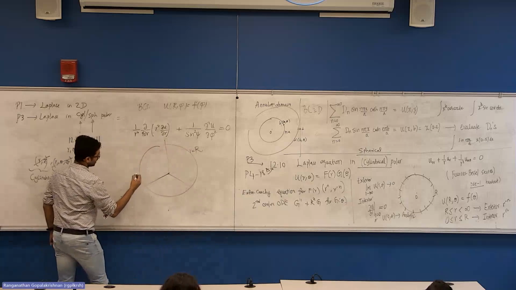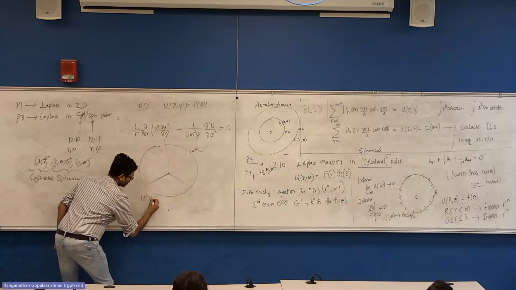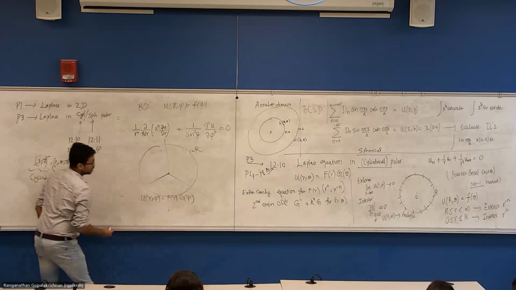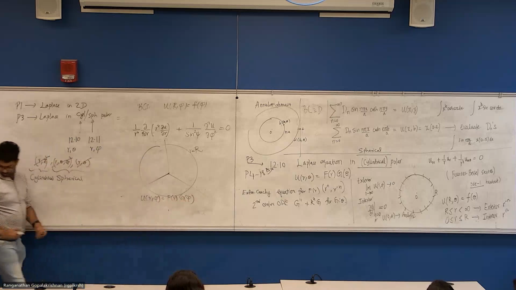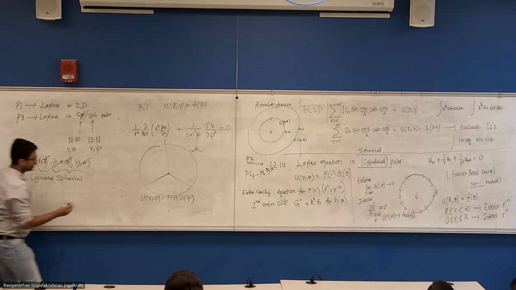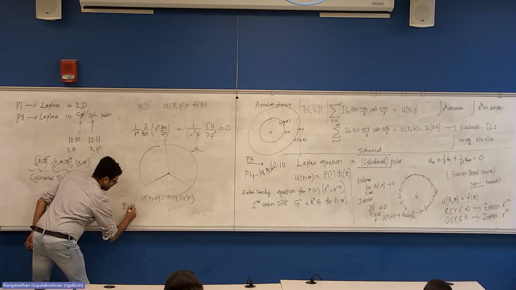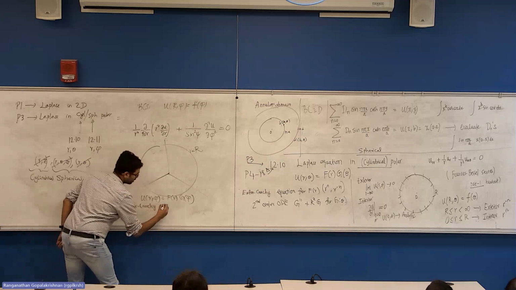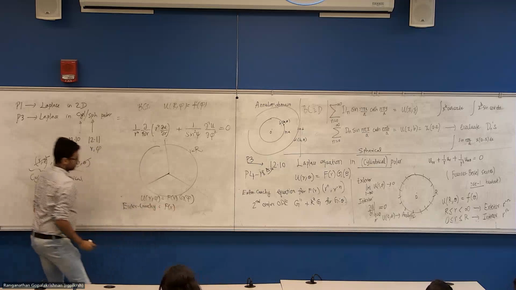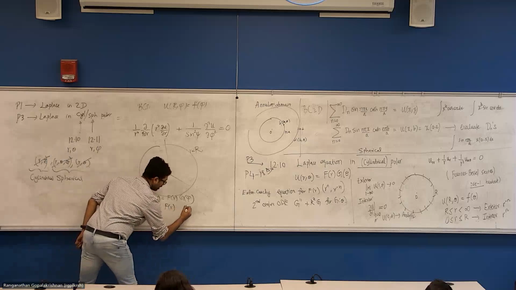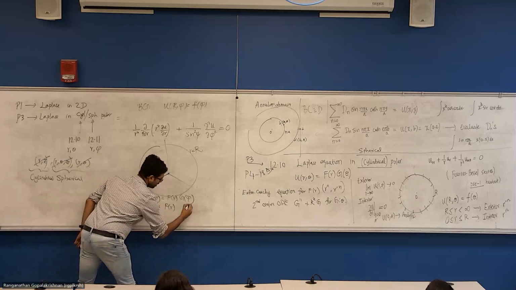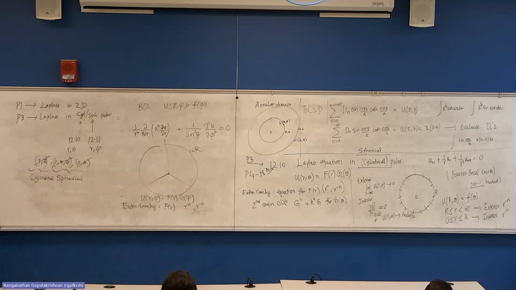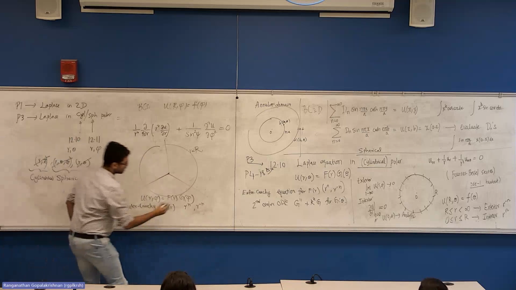So if you assume that u of r, phi is f of r times g of phi, you will get again an Euler-Cauchy equation for f of r with roots r to the power n and r to the power minus n minus 1.